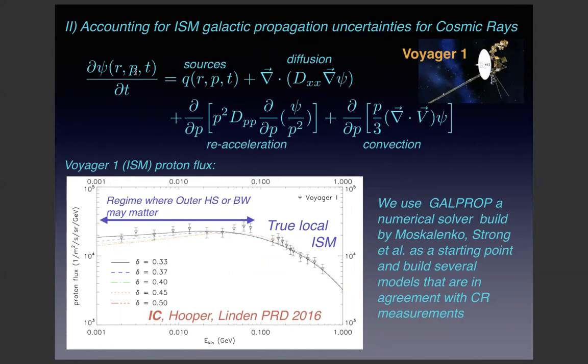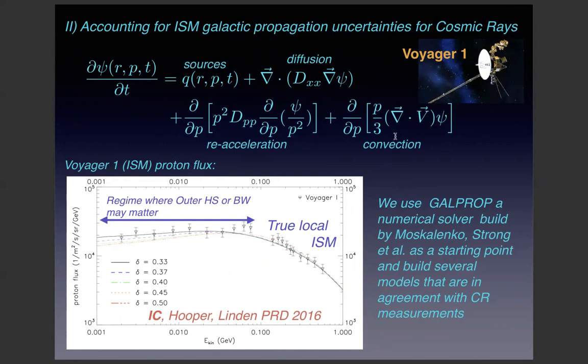And you calculate that based on what the sources are, what the distribution of cosmic ray sources in the Milky Way is, and how those cosmic rays, once injected into the interstellar medium, diffuse, go through diffusive reacceleration, which is diffusion in momentum space, and convection.